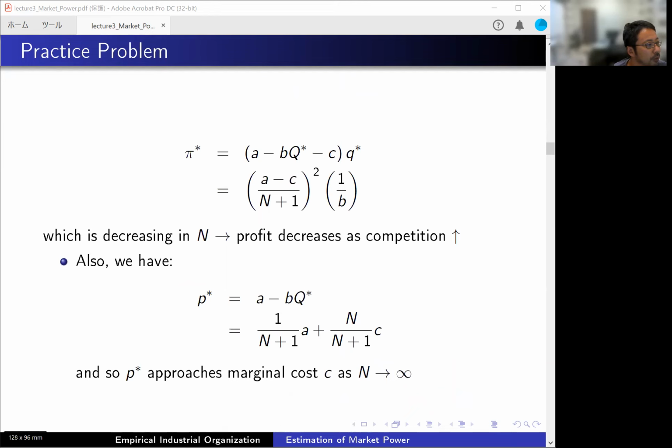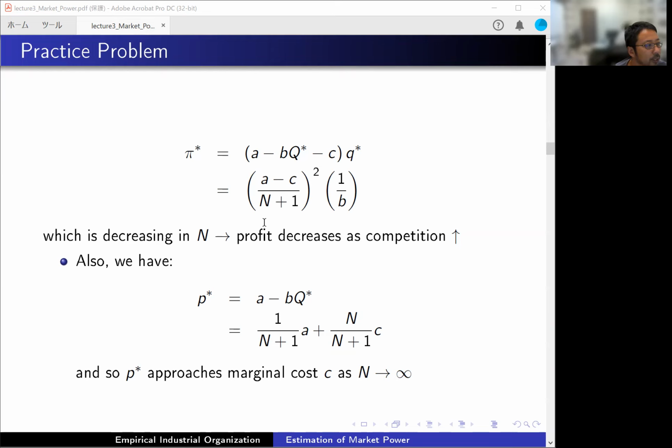Once we solve for the equilibrium output, we obtain the equilibrium profit pi star by substituting the equilibrium output into the profit function. We can see that the profit is decreasing in the number of firms n, and so the profit is decreasing in the extent of the competition.